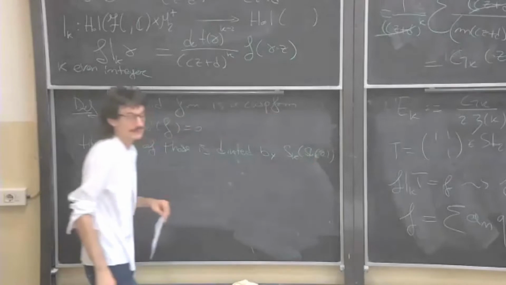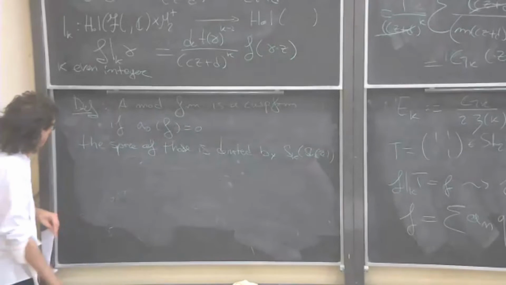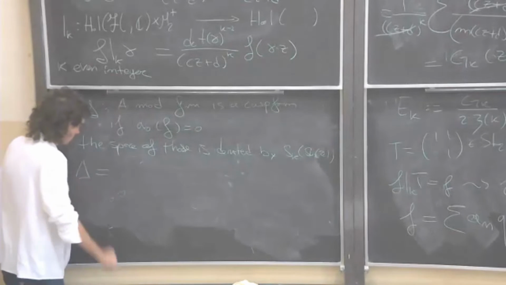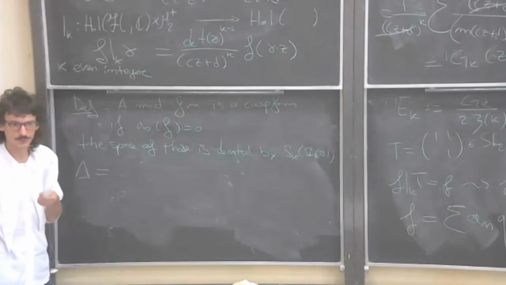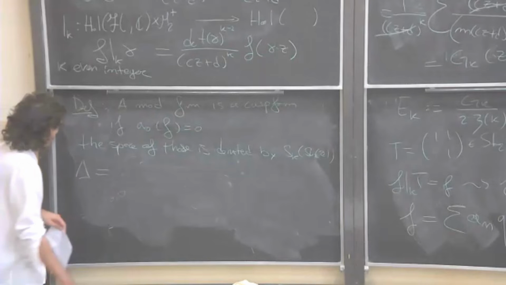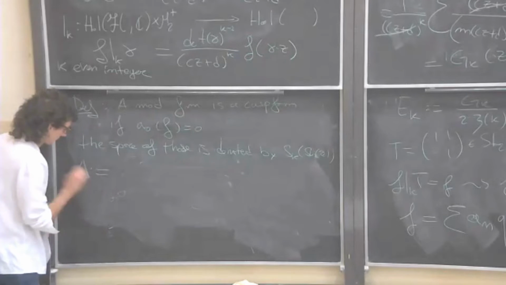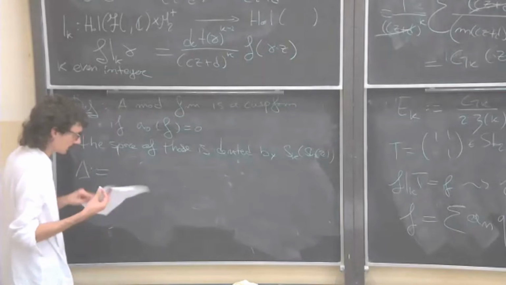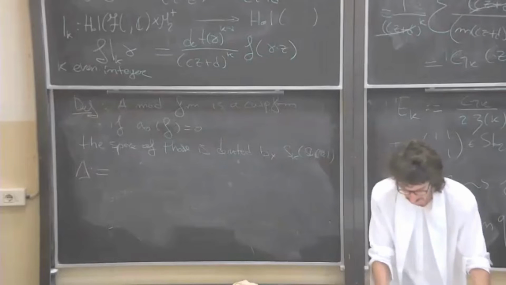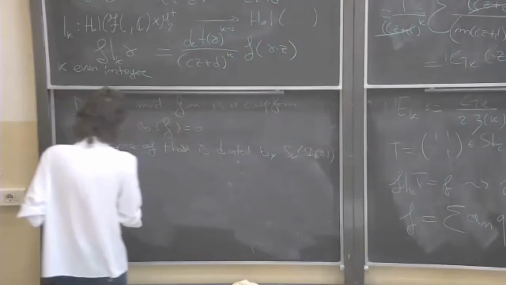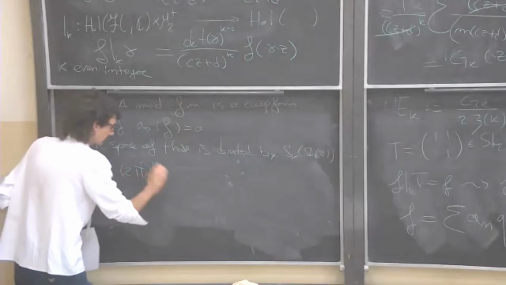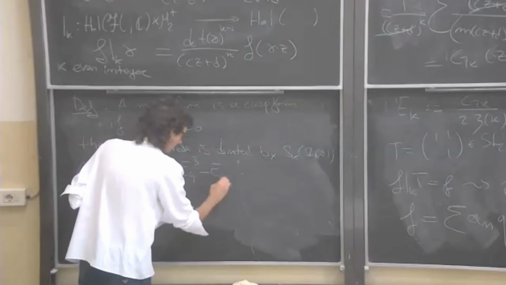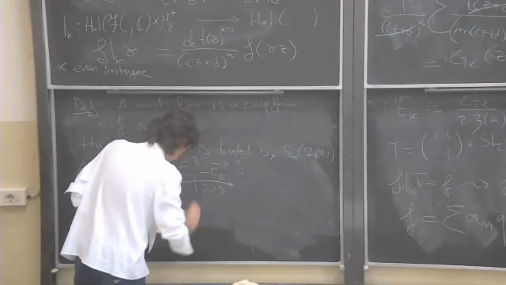And now the first example of an element in S_k is what is called the modular discriminant delta, which is related to the j invariant, which I think you talked about last time, and which is given by something fairly annoying on the coefficients. Because there is always this 2 pi to the 12 that I forget. The part that I should remember is E_4 cubed minus E_6 squared over 1728.